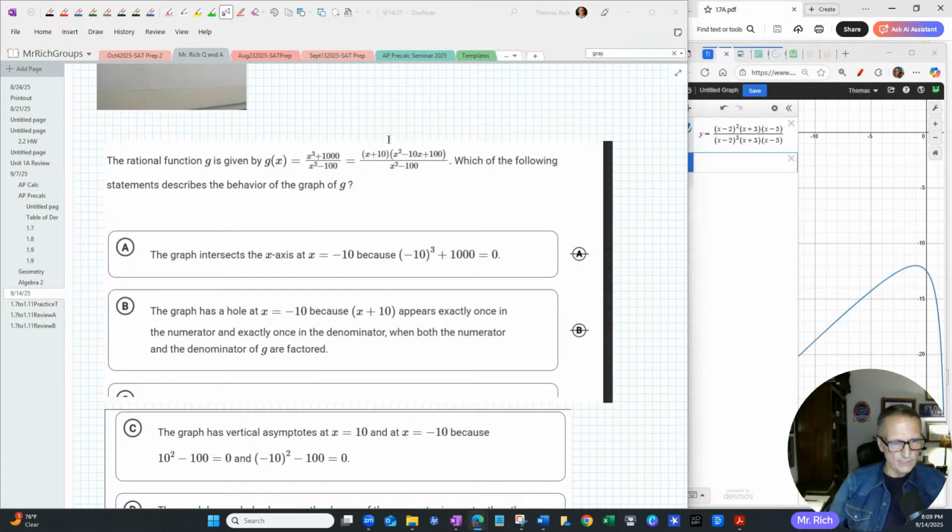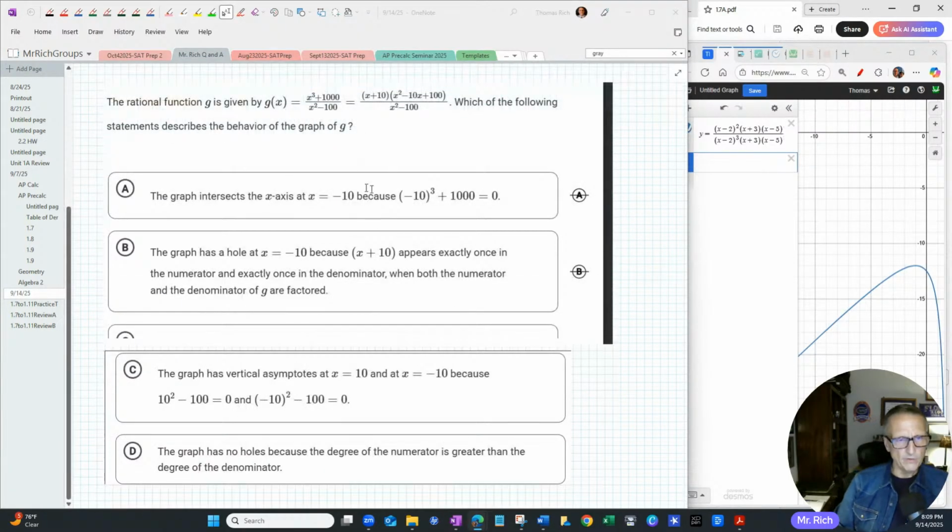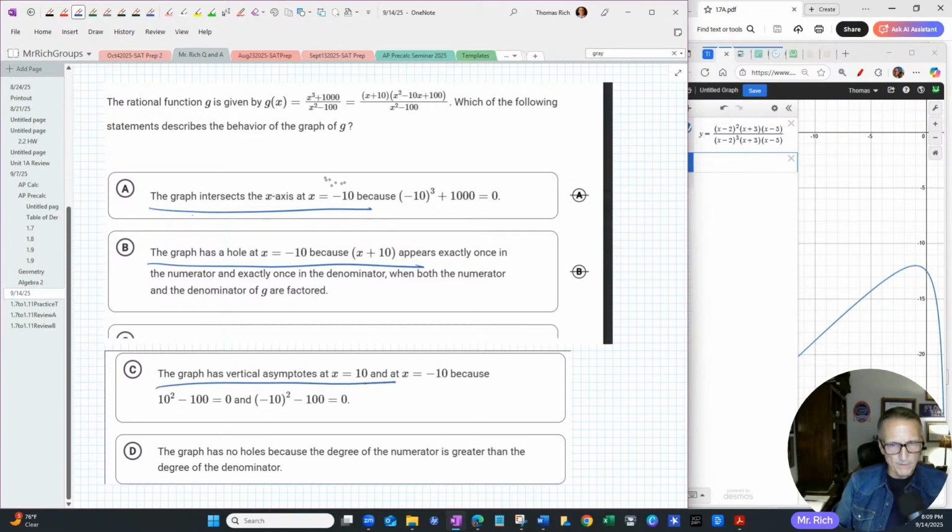Well, if we take a look at the answer choices, they're talking about where it might cross the x-axis, where it might have a hole, or where it might have a vertical asymptote. All of these being at either x equals negative 10, x equals 10, x equals 10 and negative 10, or it has no holes.